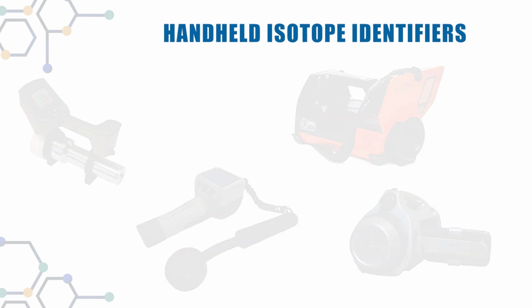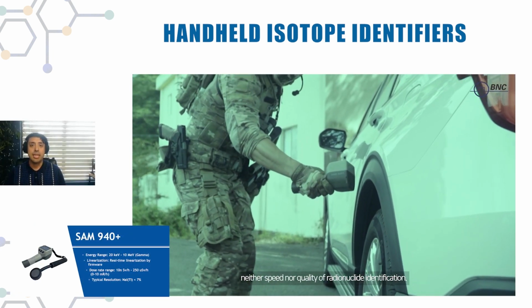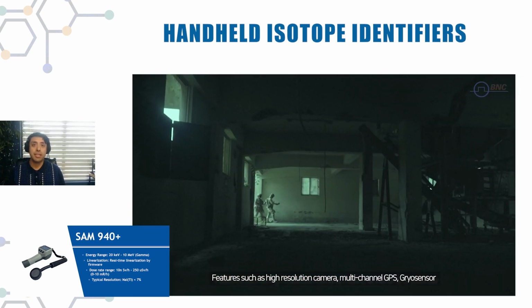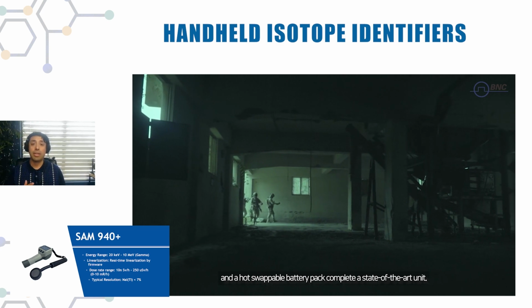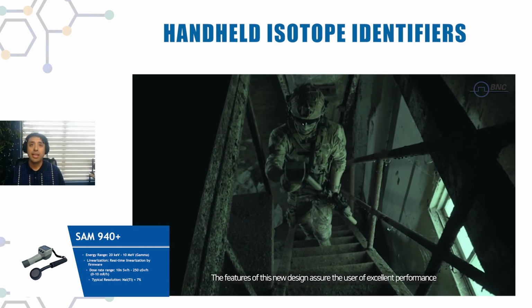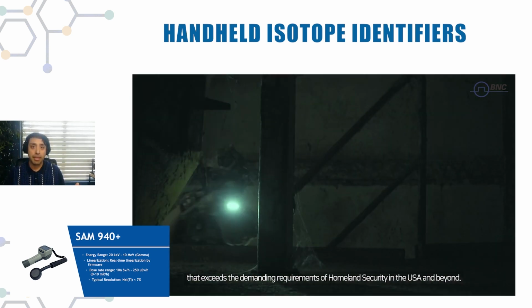Each of these models offer a unique set of features tailored to meet different needs in the field. So, for example, the SAM 940 Plus series is renowned for its reliability and ease of use, providing very quick and accurate isotope identification for a wide range of applications.